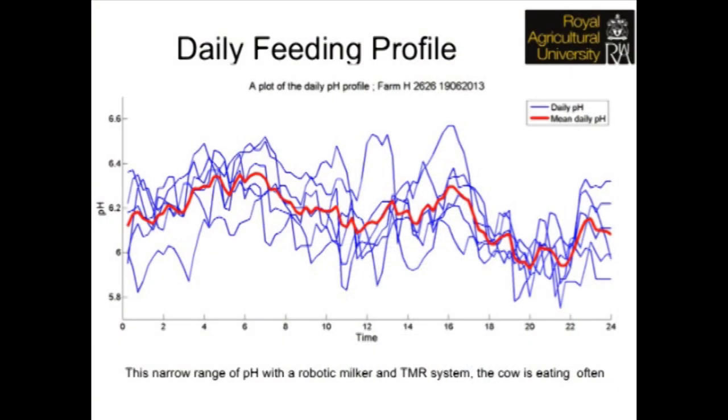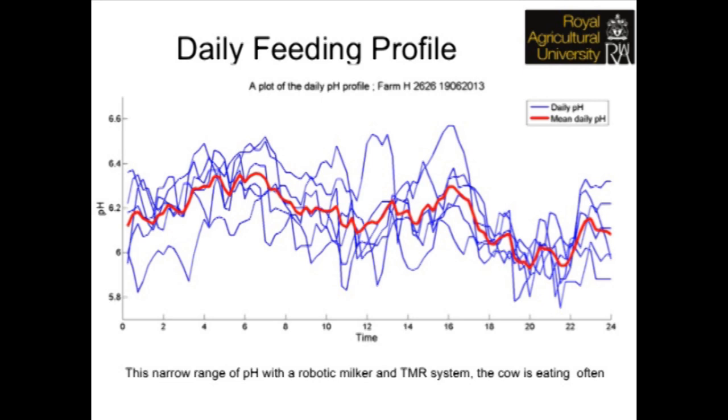Now, one of the major benefits of the pH monitoring is you can look at how the cows are feeding through the day. You want to avoid a very steep pattern. And here's a herd on a robotic milking system with TMR, and that red line is the average through all the blue daily lines.